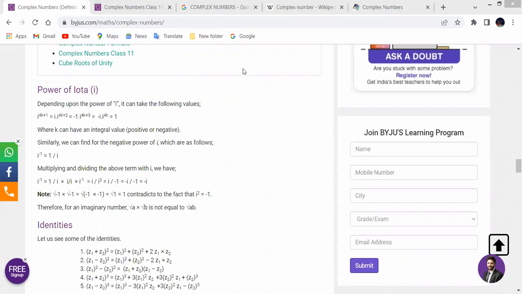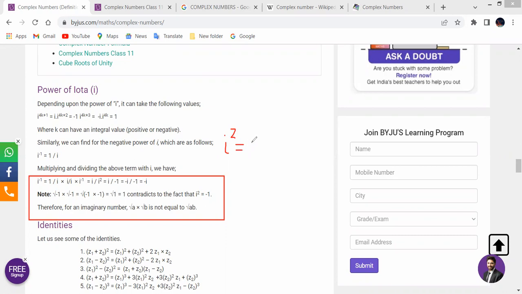What is this contradiction? If I write iota square will be equal to -1, then iota square can be written as iota multiplied by iota.